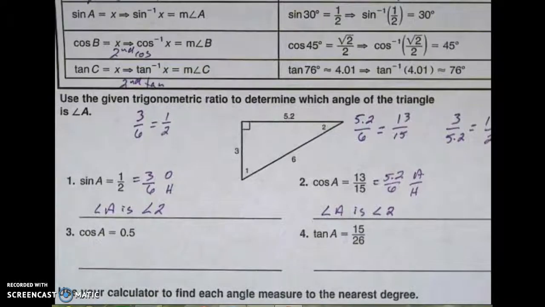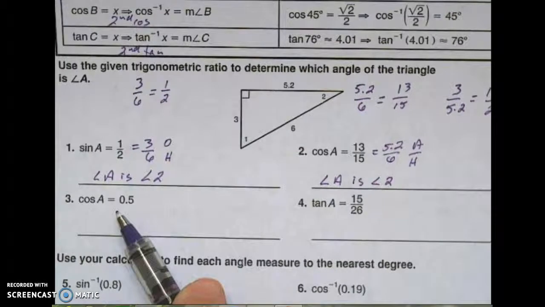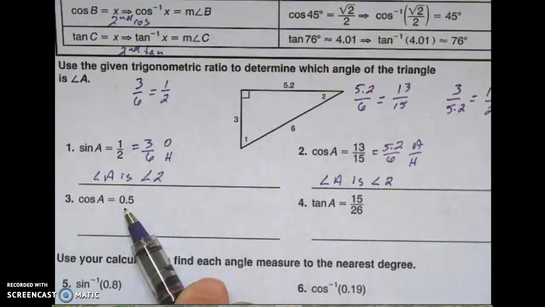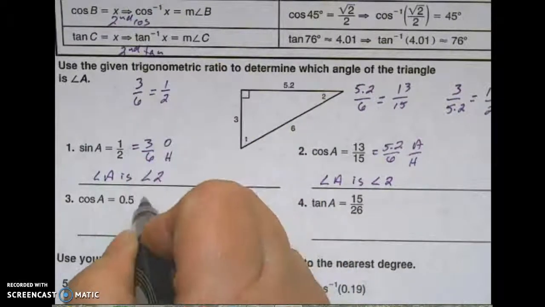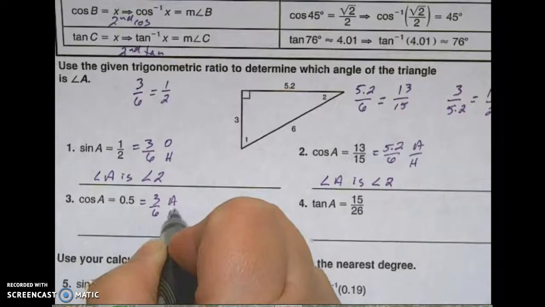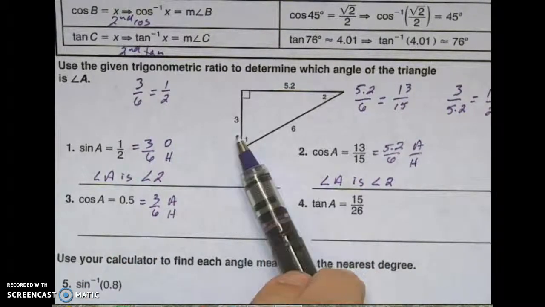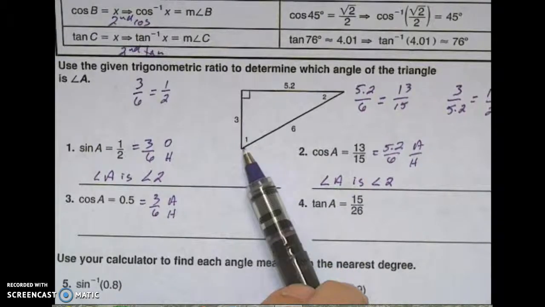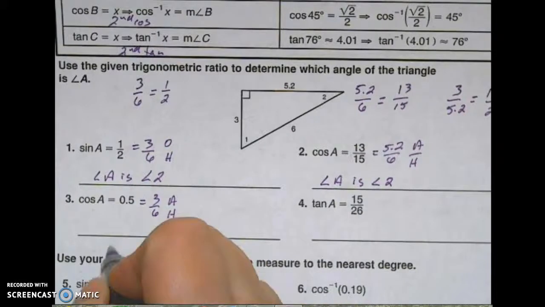If I look at question number 3, where I want the cosine to be 0.5, 0.5 is the same as 1/2, so I'm looking at my fraction 3/6. I want that to be adjacent over hypotenuse. If I want 3/6, I want 3 to be adjacent to an angle. I know that angle A has to be the same as angle 1.